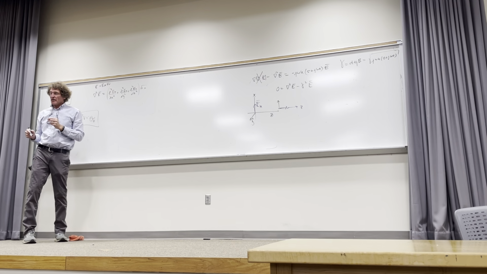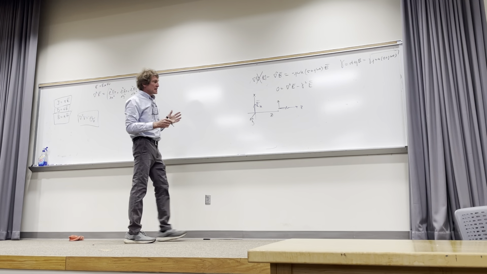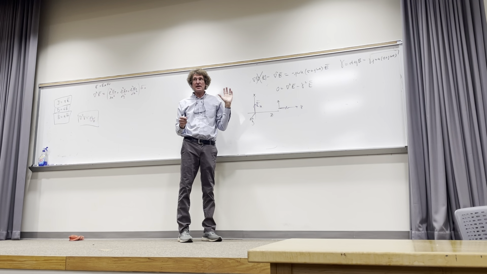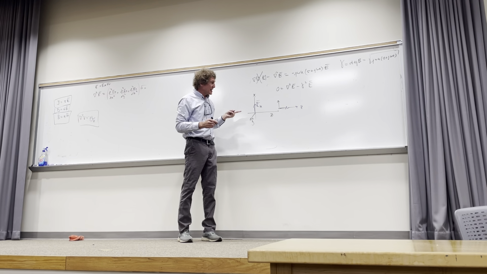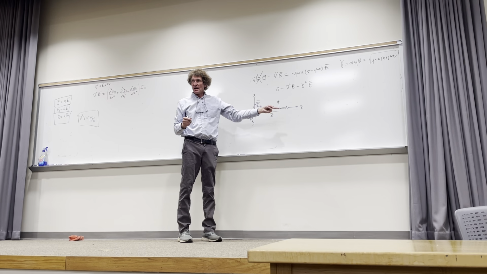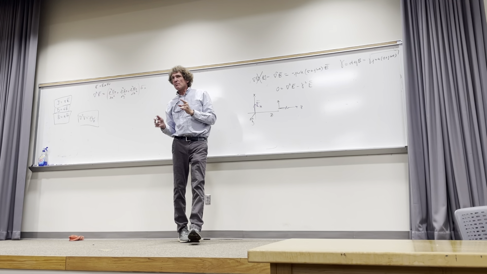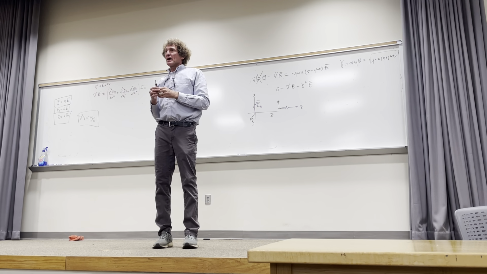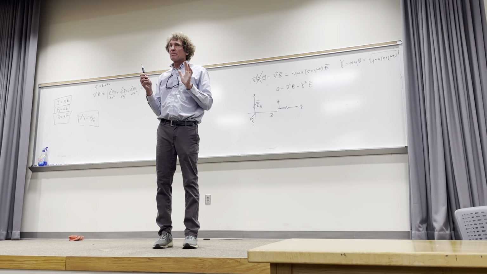Now here's the caveat I made back here. I said I have E_x, only E_x, but it's only propagating in the z direction. Do y'all follow me? That means there's only a variation in the z direction. That's called a plane wave. Now, are you familiar with that term plane wave or not? No?